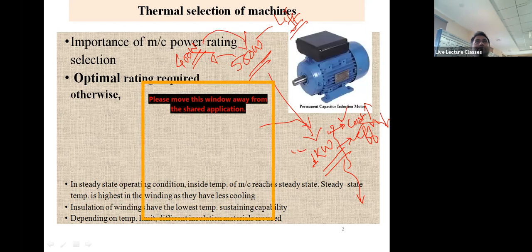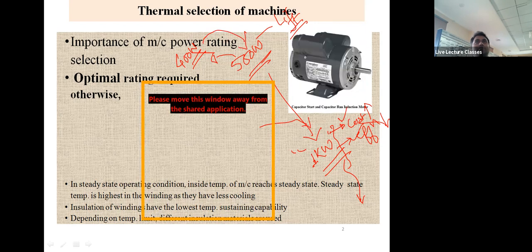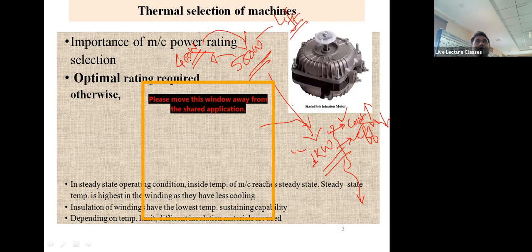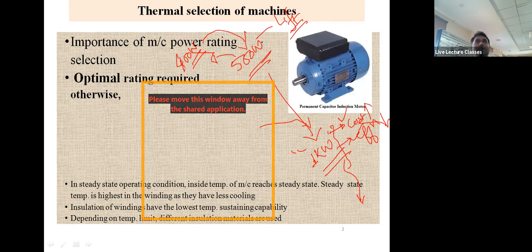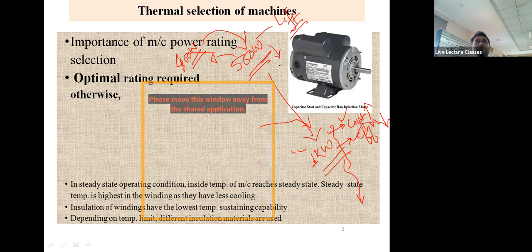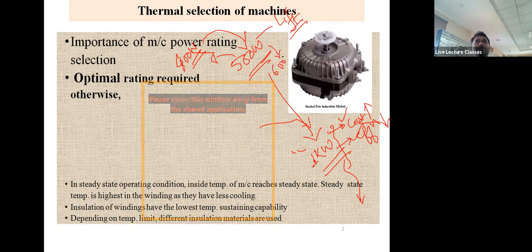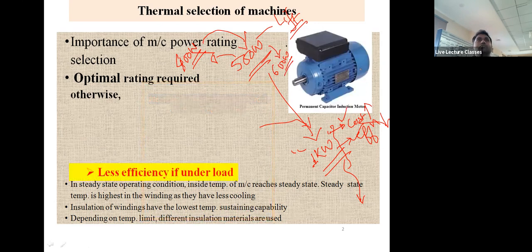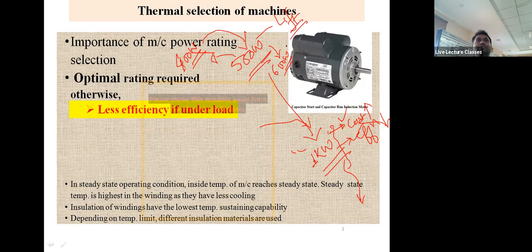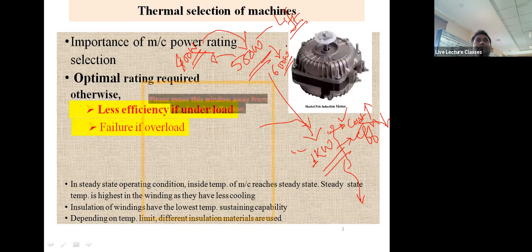And then efficiency will be down because you are running the motor above the rating, and there are chances of failure also, right? So if it is 500 watts, you can go for hardly a 600 watt motor. That is good enough, right? So less efficiency if underloaded, failure if overloaded.